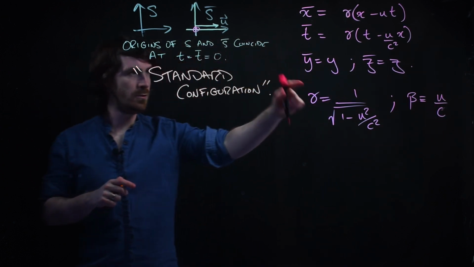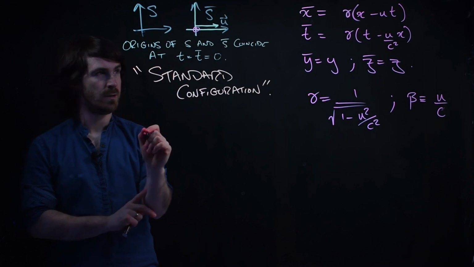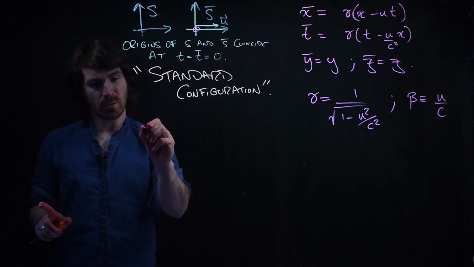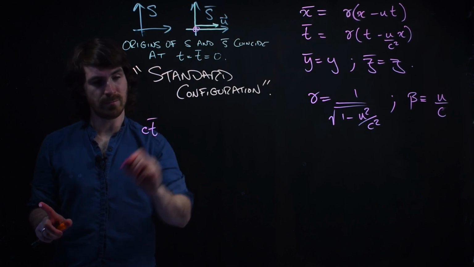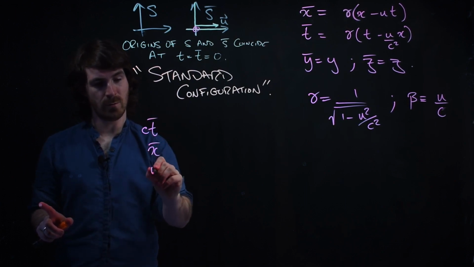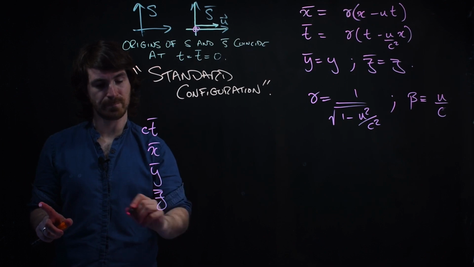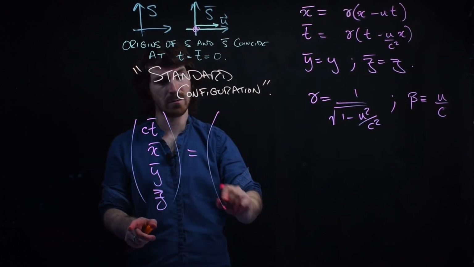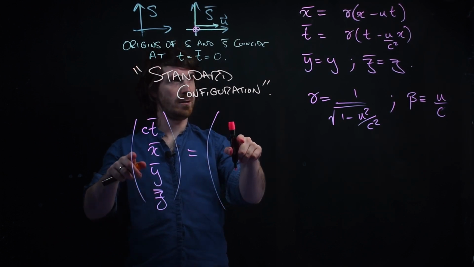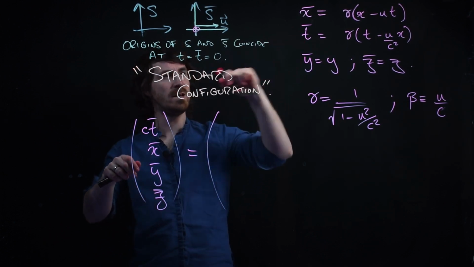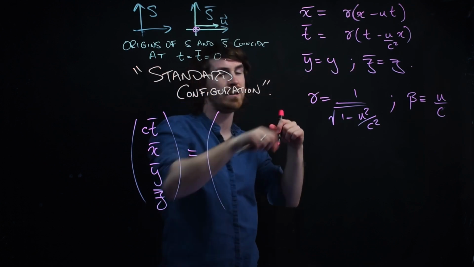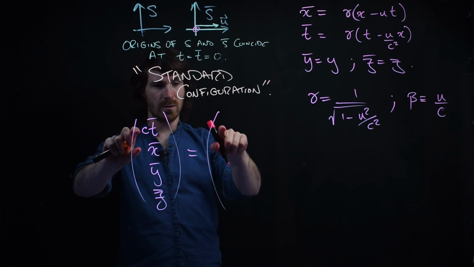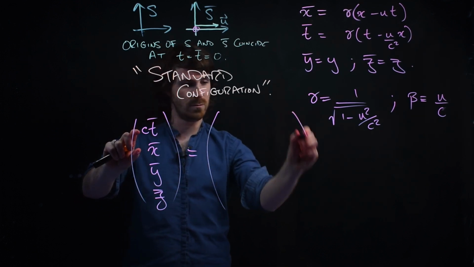And if we use these, then we can write down the transformation in a matrix form. And we think about coordinates c t bar, x bar, y bar, and z bar. And the Lorentz transformation matrix involves x and t getting modified, but y bar and z bar are constant in this case. So it's only the upper 2 by 2 matrix.